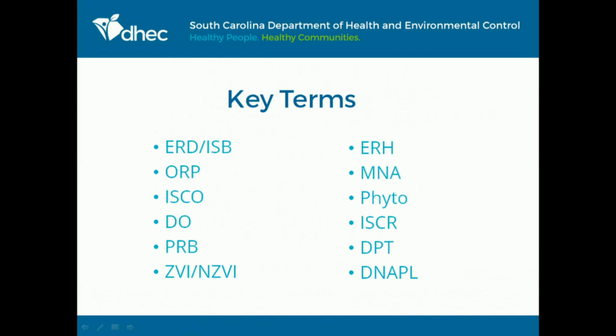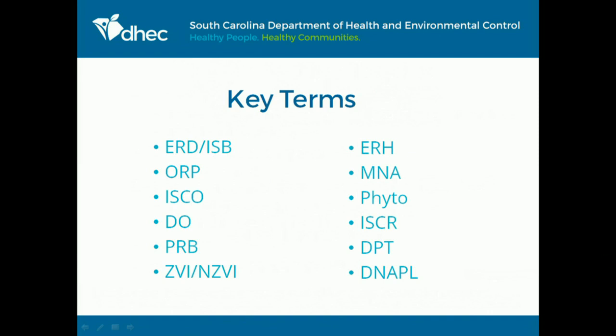Phyto is what I use for phytoremediation, just to save on the syllables, save my breath. ISCR is in situ chemical reduction. That is very similar to zero valent iron for the purposes of this talk. They're sort of equivalent, although there are other ways to reduce groundwater chemistry. DPT, direct push technology, and DNAPL, dense non-aqueous phase liquids.